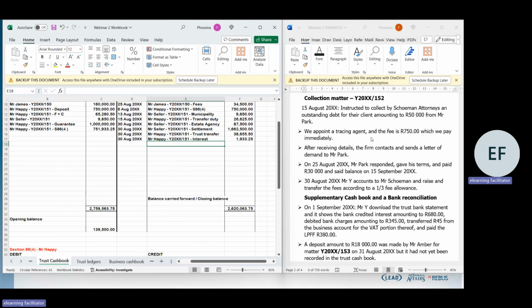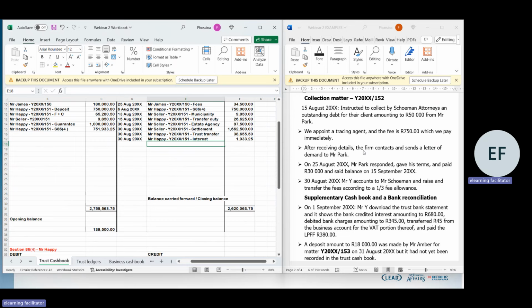So we are told Mr. Y appoints a tracing agent, and the fee is 750, which we pay immediately. So the firm pays immediately. As you can see in this transaction, we haven't received any money from Schoeman attorneys.